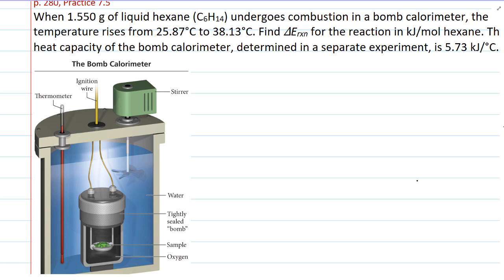A bomb calorimeter can be used to look at the nutritional value of foods. We also use it to determine the standardized values for the enthalpies of reactions that are published in books or now on websites. It is used to measure energy contents of foods, and I brought one such example out here.